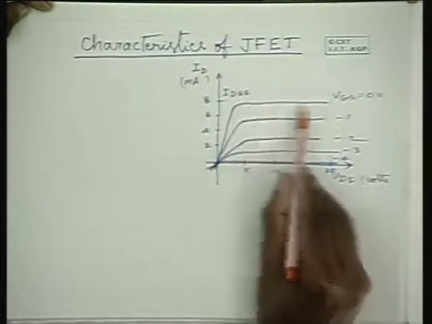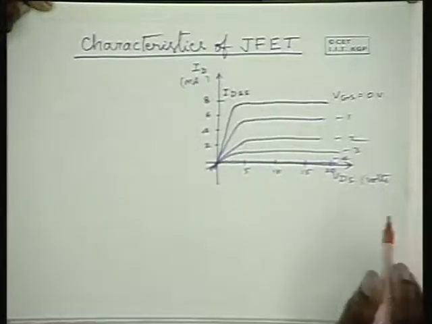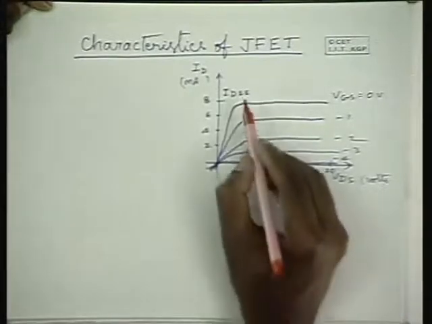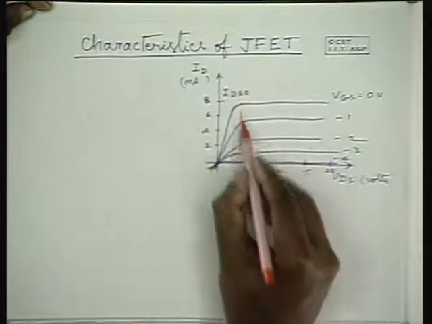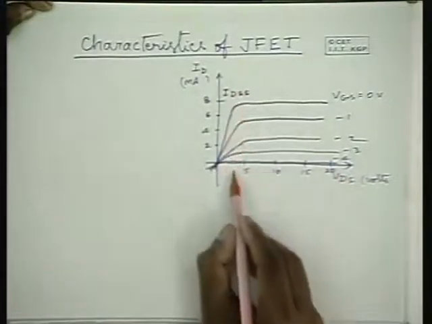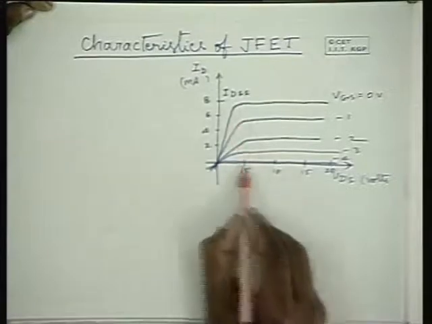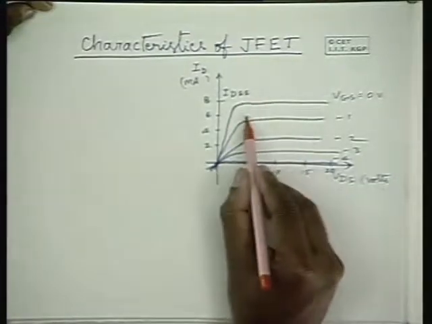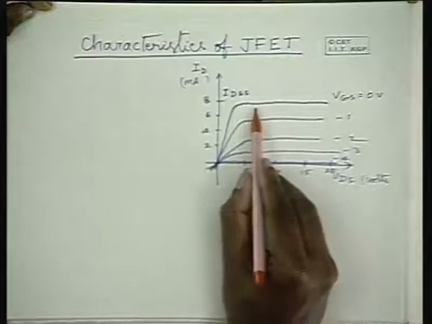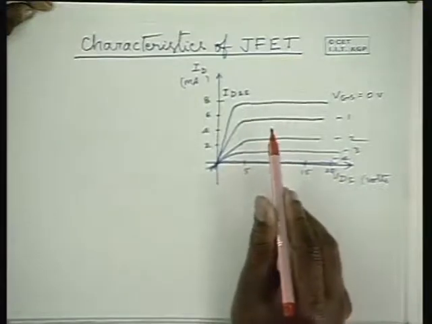As a result, the current saturates in this fashion. And please note that when you operate in this region, beyond a certain voltage, like 3 or 4 volts typically, the device acts like a constant current source.